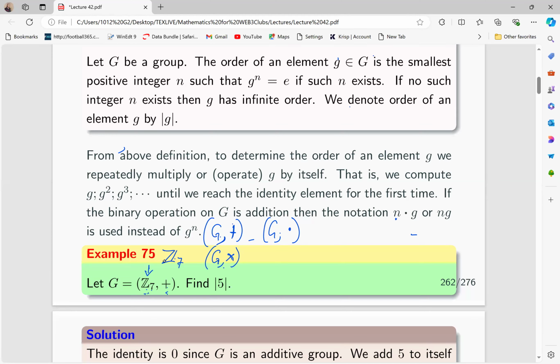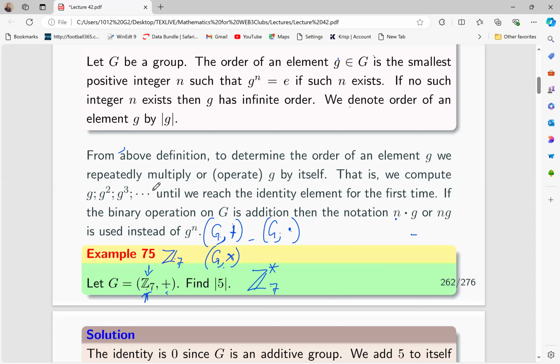And when you're talking about integers mod n, then you don't need to add even plus or multiplication, because the notation will tell. If it doesn't have a star, you can tell that it is a group under addition. But if it has a star, then you can tell it's a group under multiplication.